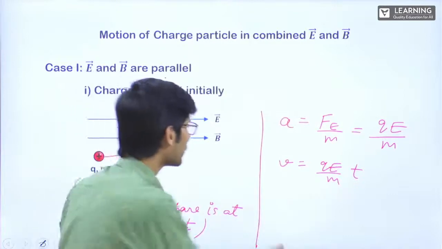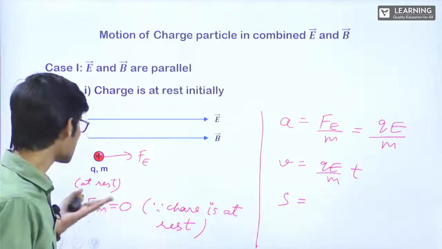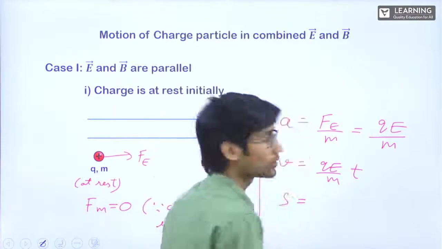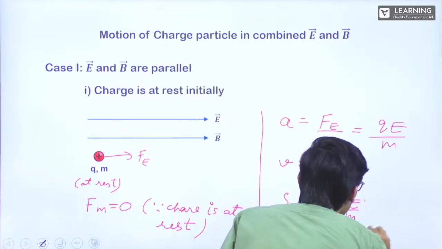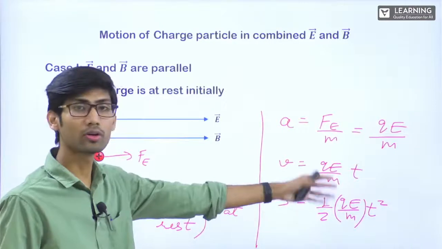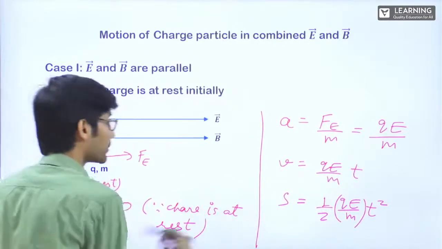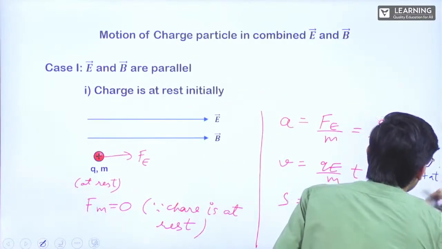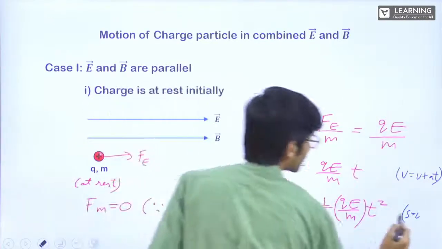Correct? If I want to write s, after time t, how much distance has this particle covered? Again, it is motion in 1D, right? ut plus half at square. u is 0, so that is half into a into t square. Got the point? From where did we get these two? v is equal to u plus at, and s is equal to ut plus half at square.